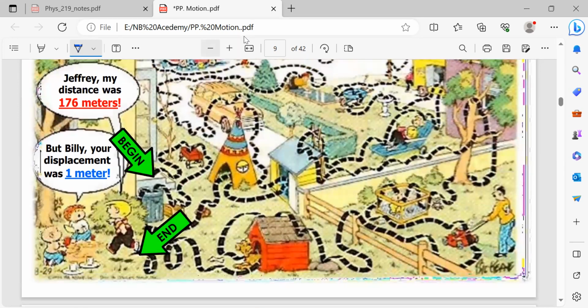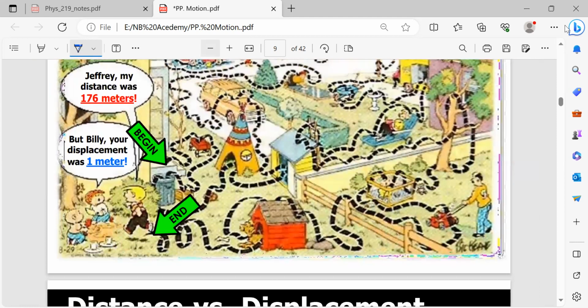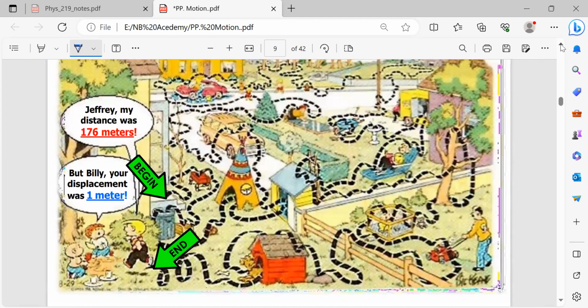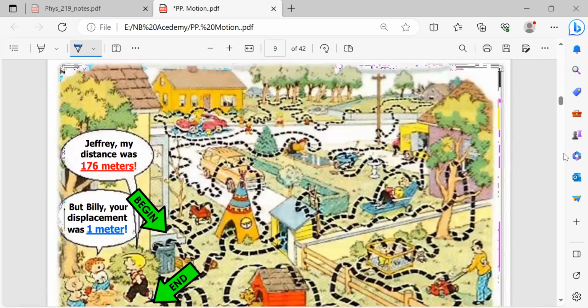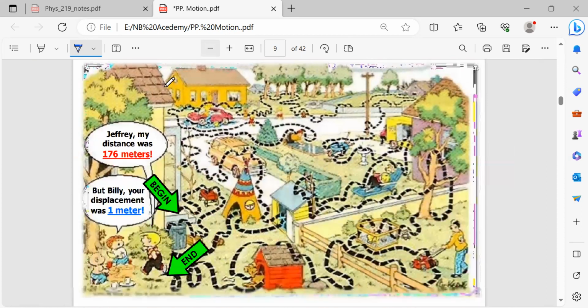Okay, here we have drawings that clarify the difference between distance and displacement. Here is the beginning of the track, and here is the end of the track. The actual length of this track all over the city is 176 meters.